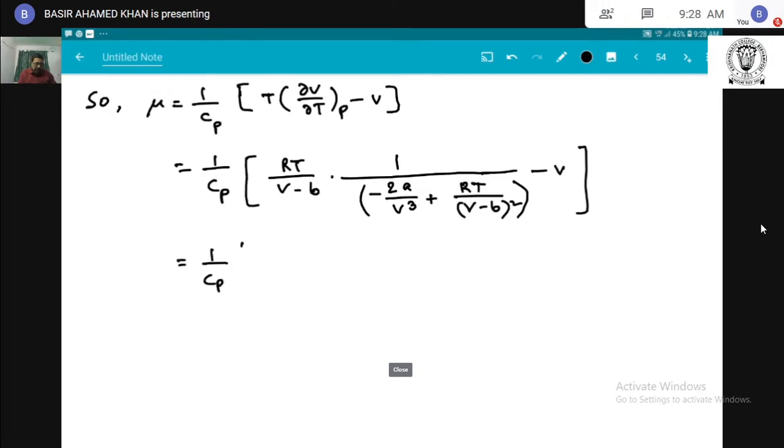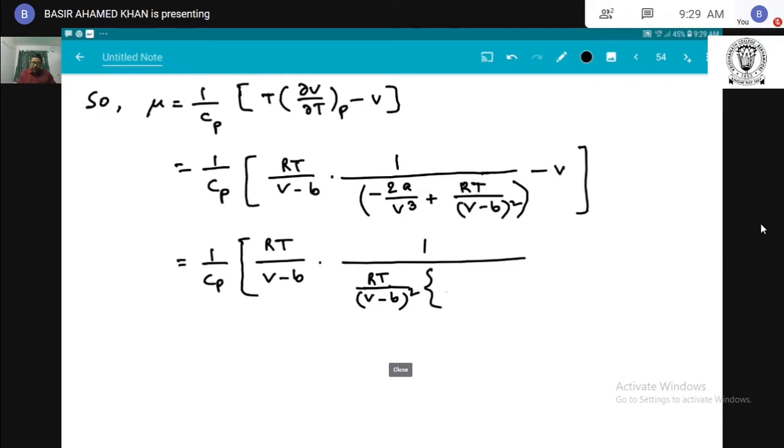This becomes 1/Cp. Here I write in this way: RT/(V − b) into 1/[RT/(V − b)²] common, within the second bracket 1 − 2a(V − b)²/(V³RT).